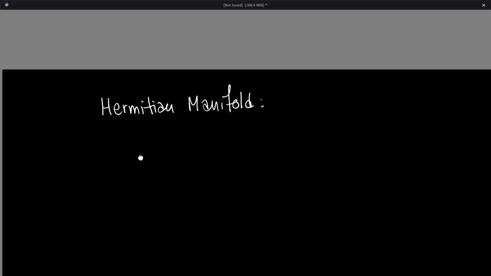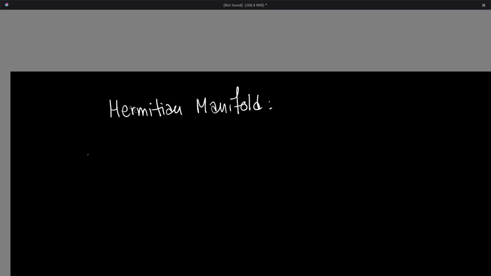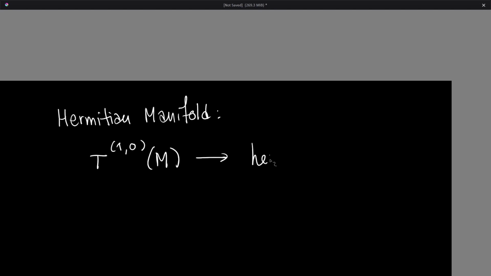Or equivalently, the way I wrote it in the notes is that if a Hermitian manifold has a tangent space T10M, the holomorphic tangent space, then that holomorphic tangent space has a Hermitian metric on it. And having a Hermitian metric on a bundle is what makes it a Hermitian vector bundle. But specifically, it has a Hermitian vector bundle on its holomorphic tangent bundle, not its whole tangent bundle.